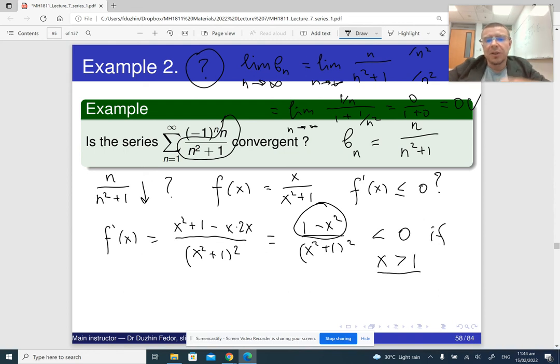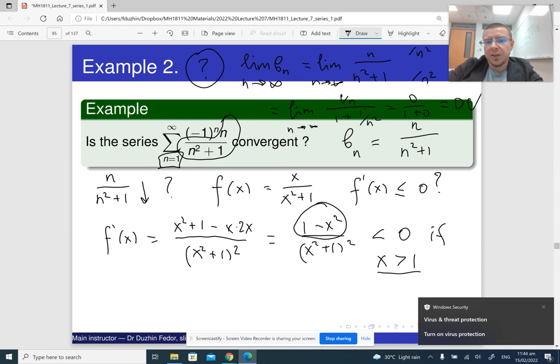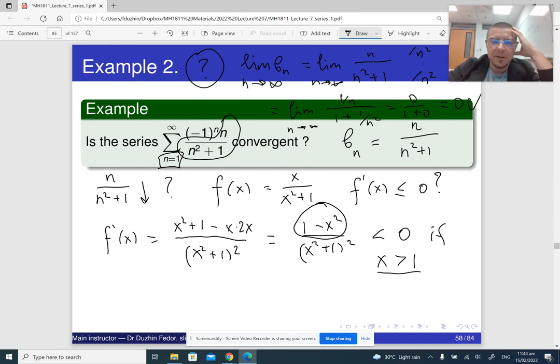Remember that we are not really interested in all values of x, we are only interested in integer values of x that start from 1, which means that for those values of x, our fitting function is actually decreasing. We don't really care about what happens when x is 1/2 or something like that. It doesn't matter.